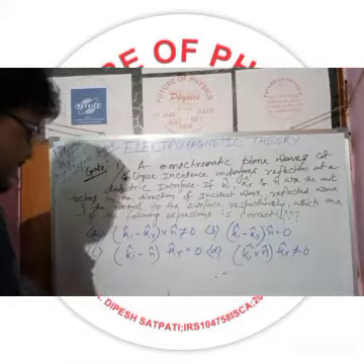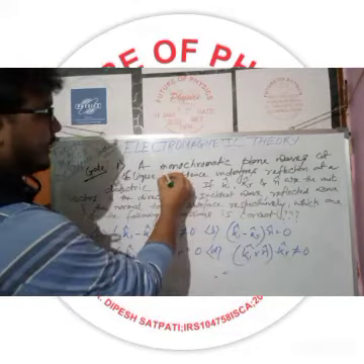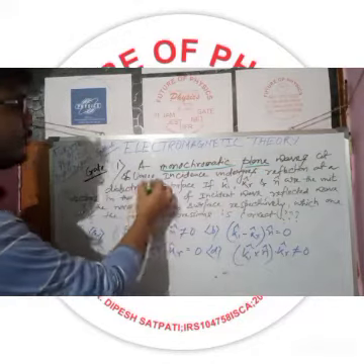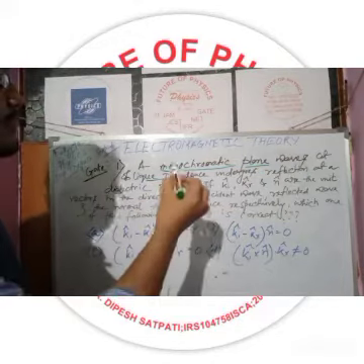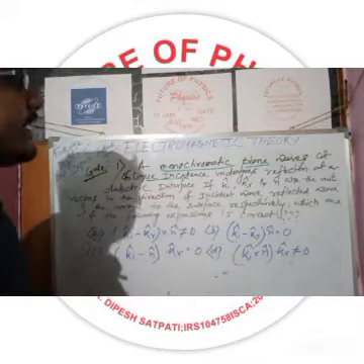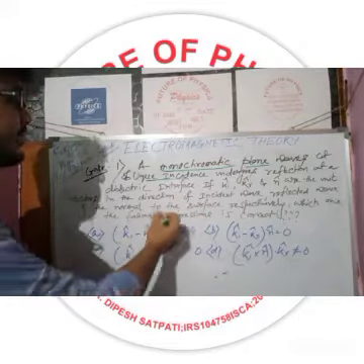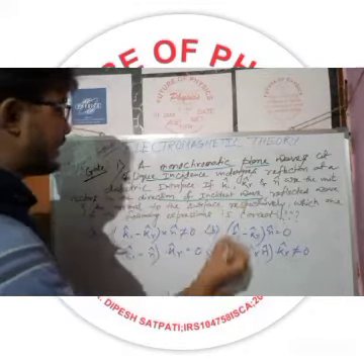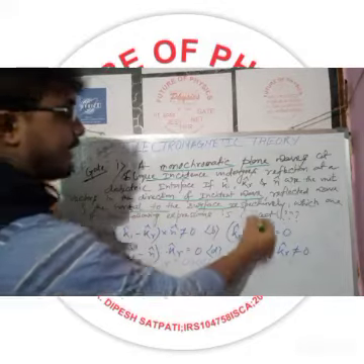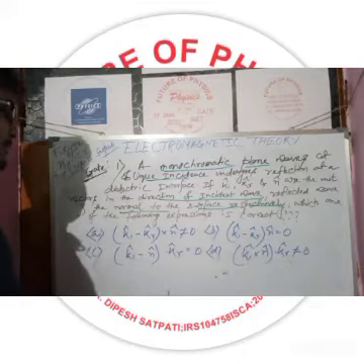Now see this. A monochromatic plane wave at oblique incidence undergoes reflection at a dielectric interface. If the k_i vector, k_r vector and n vector are the unit vectors in the direction of incident wave, reflected wave and the normal to the surface respectively, which one of the following expressions is correct?